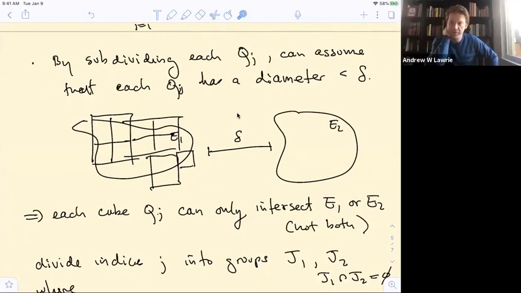Hold on one second, I'm thinking. Even if it's infinite, we could still do countably many smaller cubes, right?